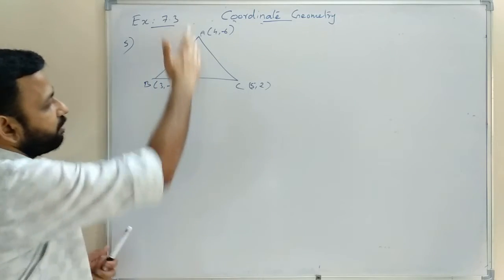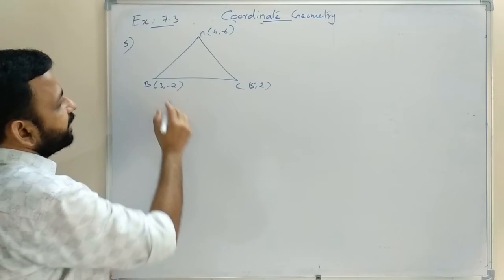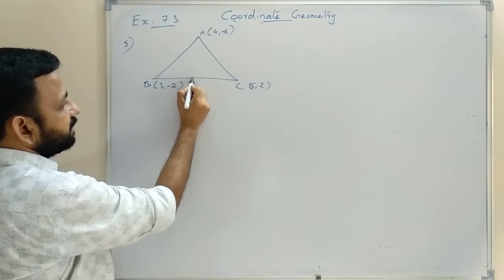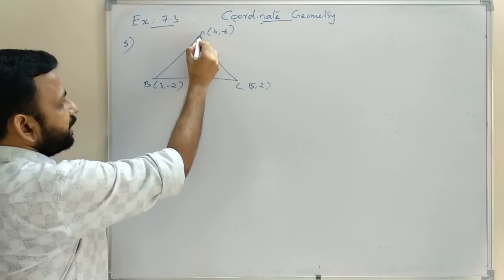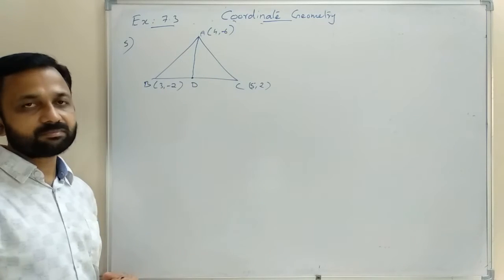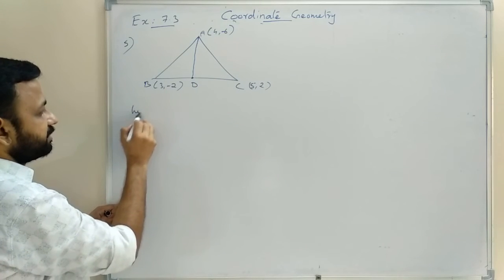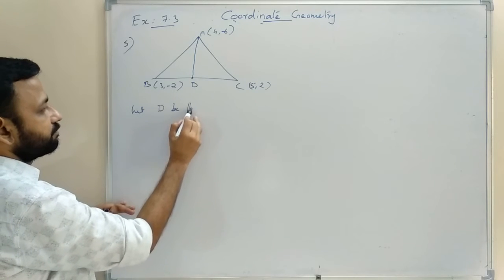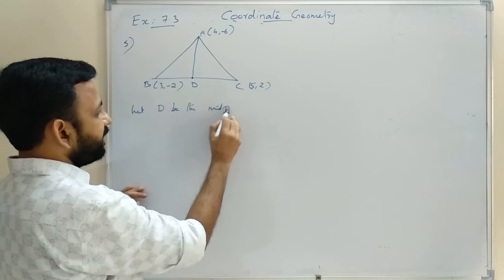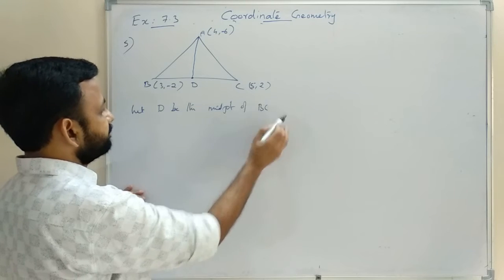So here we can draw one median. We can take the midpoint of BC as D, then AD is a median. So let D be the midpoint of BC.